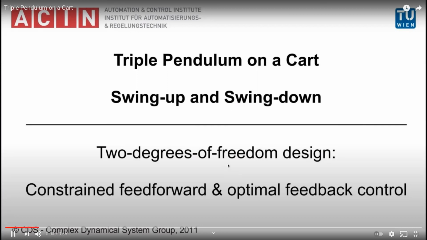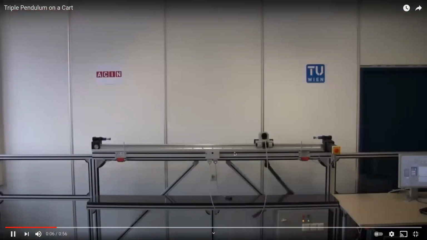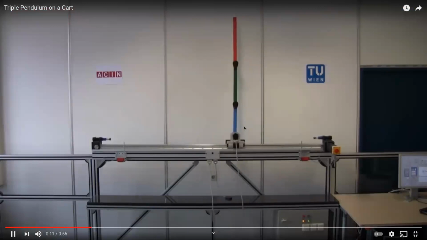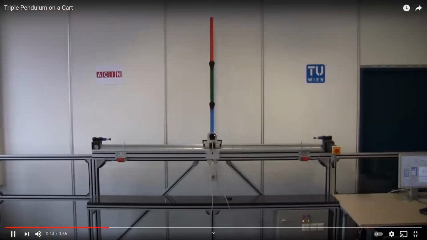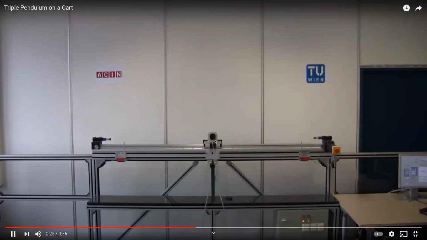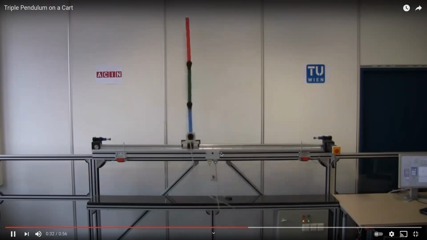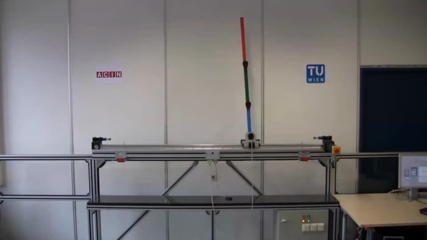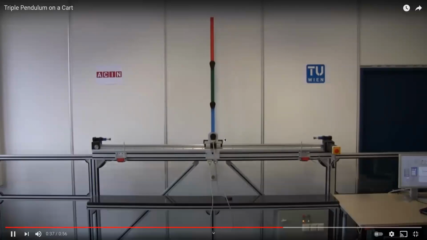So naturally, this system would like to rest on its downward equilibrium. So in order to obtain this upward configuration of these three segments of the pendulum, so it's called the triple pendulum because we have three segments, well, we have to input the right controls on the cart so that the three segments are pointing upwards.